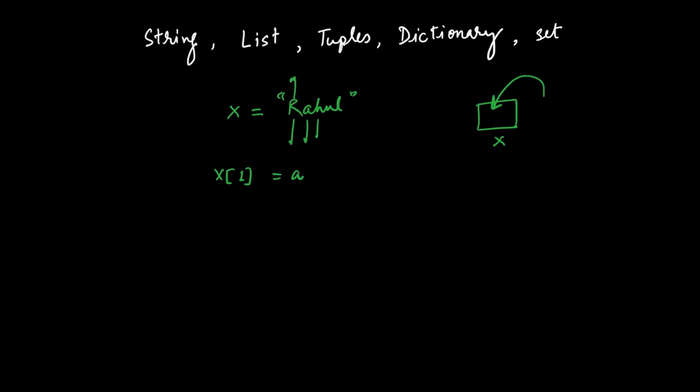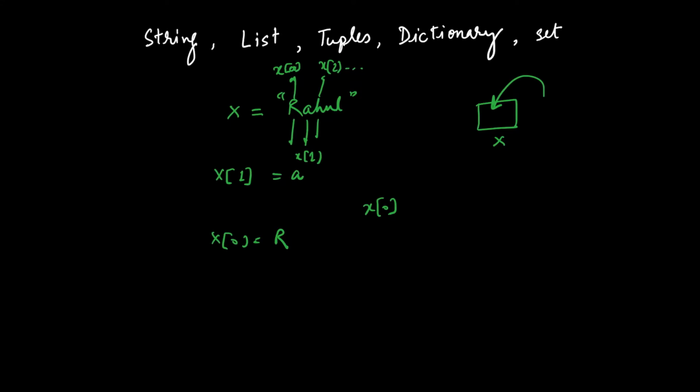Why a? Because this position is known as x of 0, and the next position x of 1, and after that x of 2. Like that it will go on, but it starts with x of 0. So what is x of 0 here? It will be r.